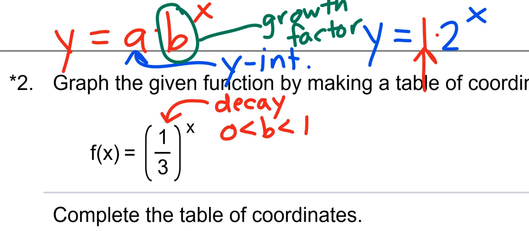Is exponential decay what your current car is doing? Your daily car that you drive to work, you drive to school, is it going down in value every year? Yes, because it's sitting outside and it's getting rained on and it's exposed to the elements, the salt, the rust.